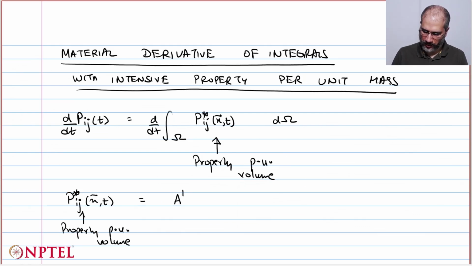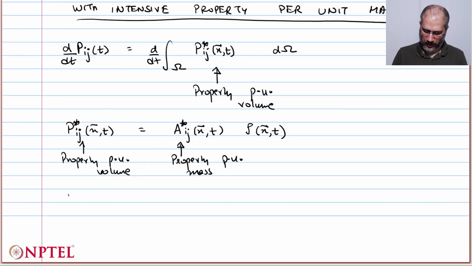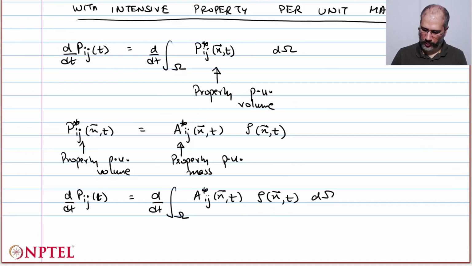So this can be written as A star, which is the corresponding property per unit mass times the density field. So with that, the material derivative of the extensive quantity P as a function of time can now be written as the material derivative still over omega of A star times the density times d omega.